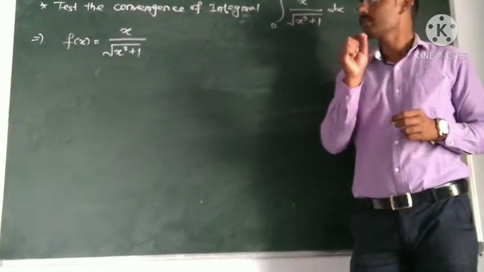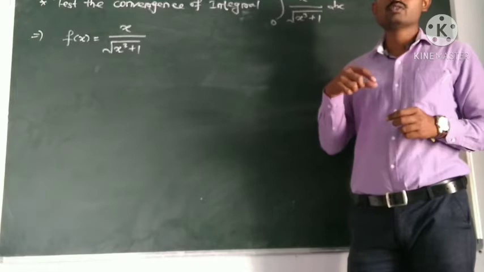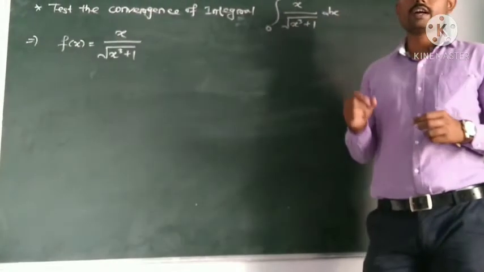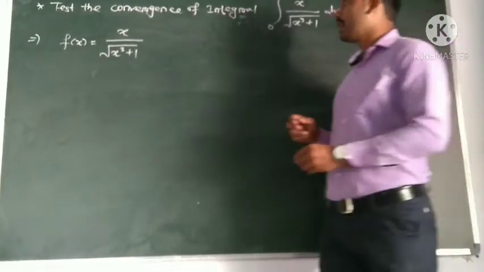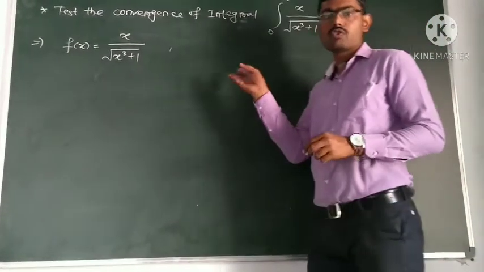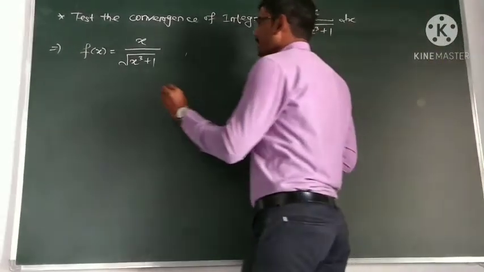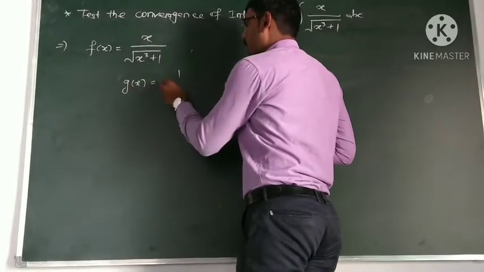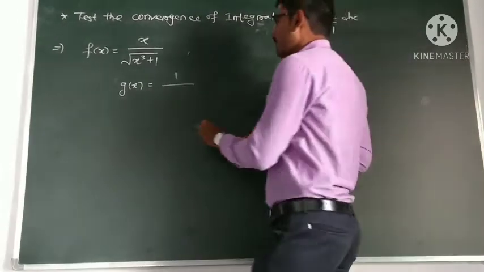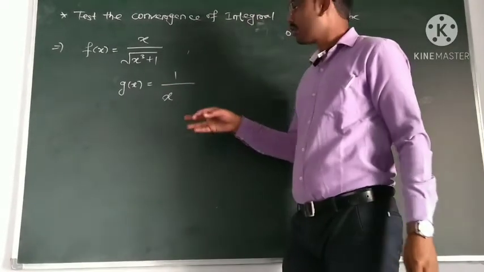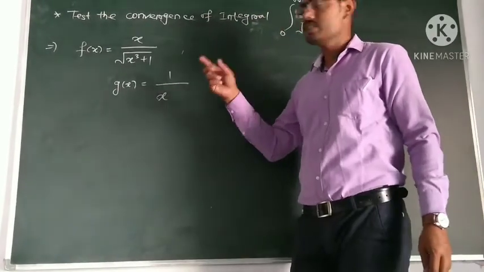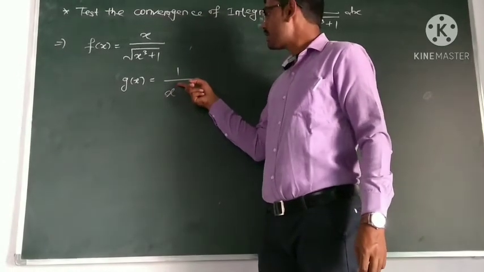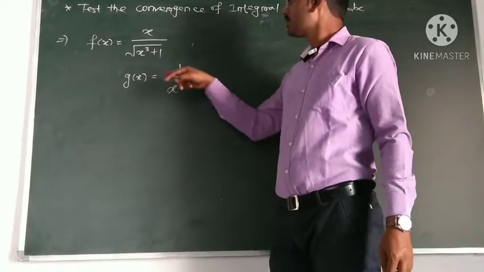Now I will give some clue or idea on how to find the function g, which will help us find the limit of the ratio. The general idea in this test is to take g of x equal to 1 upon x raised to a power. I construct it as 1 upon x raised to the power: the highest power of x in the denominator minus the highest power of x in the numerator.